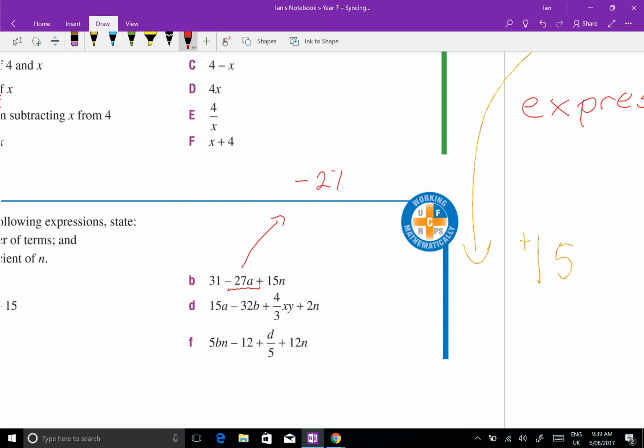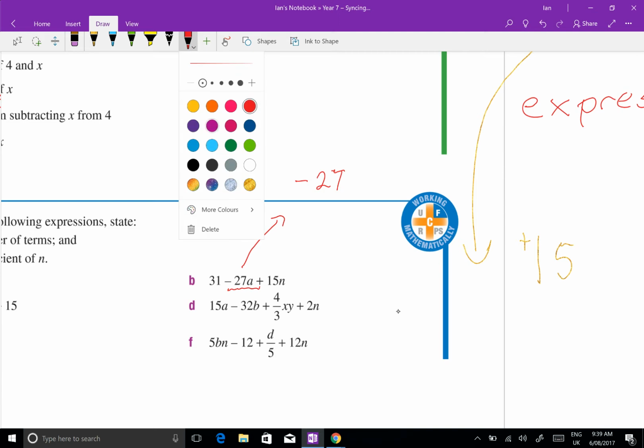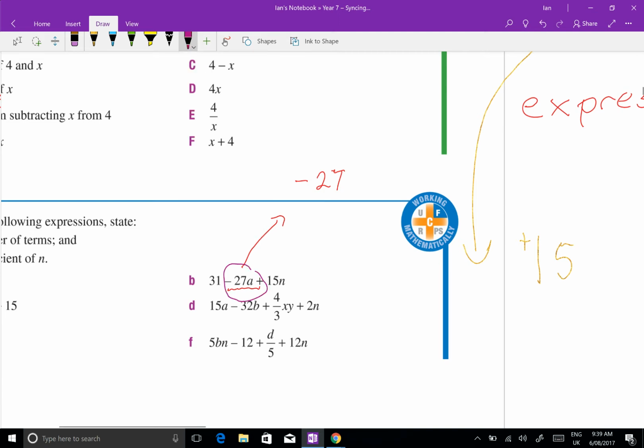You need to see that this is the term, and it doesn't include that plus, negative 27A. So the coefficient of A is negative 27.